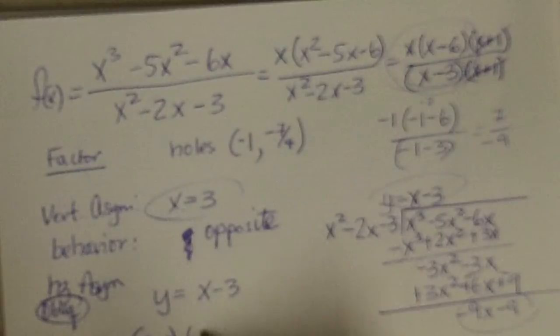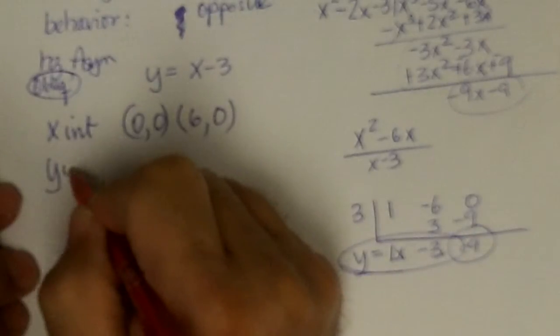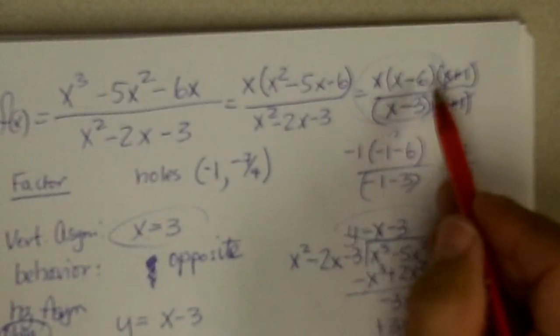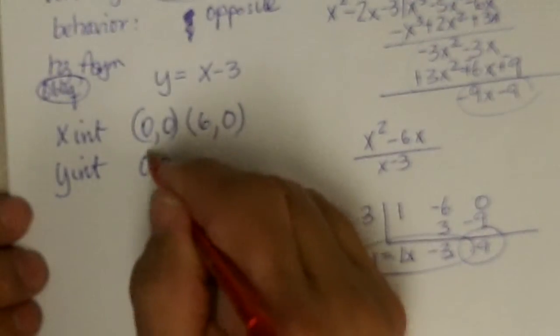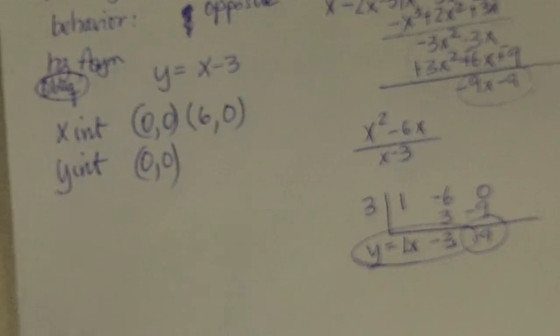And 6 will make the y come out to be 0. And y-intercepts, I'll put in 0 and I'll get 0 times something, which is 0 over negative 3, which is 0. And now I'm ready to graph this.